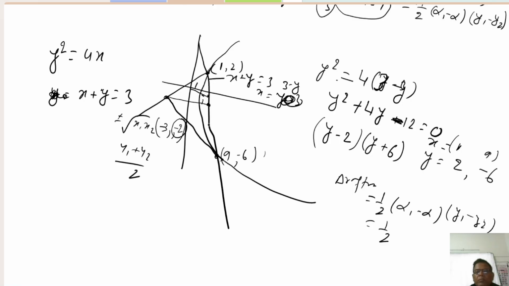So put y is equal to minus 2 in that equation, then x is equal to 5. So here the coordinate will come 5, minus 2. So alpha 1 minus alpha is 5 minus of minus 3, that is 8. And y1 minus y2 is 2 minus of minus 6, that is 8. So half into 8 into 8.